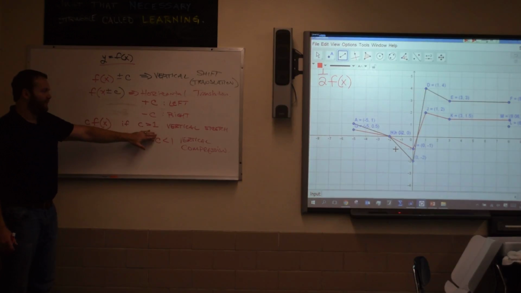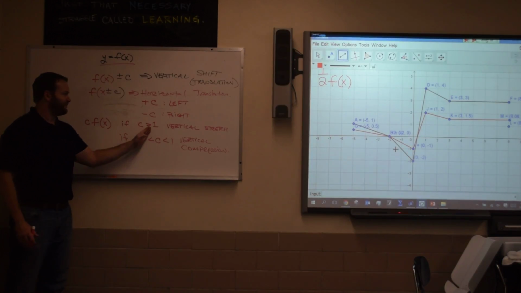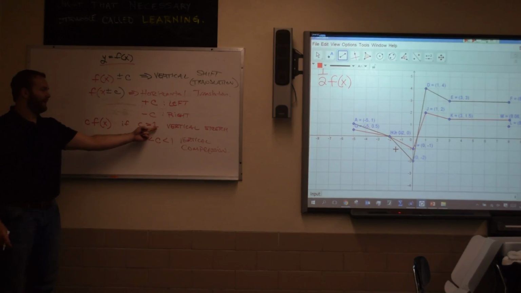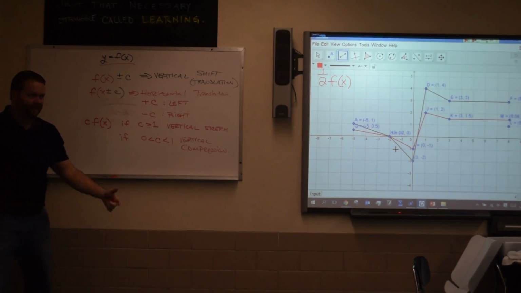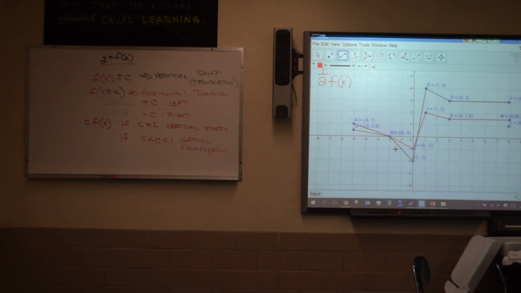But we've used all our numbers from anything greater than 0 all the way up to infinity, right? This gets me 0 to 1, and that gets me 1 to infinity. Obviously if I let it be 1, it's just f of x, so it's trivial. There's actually no difference in the graph.